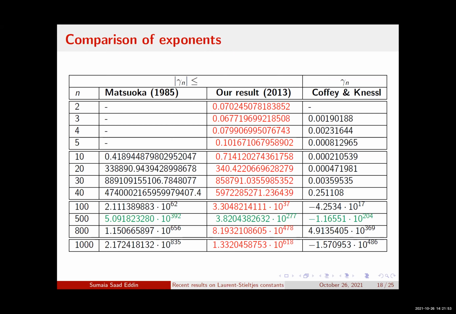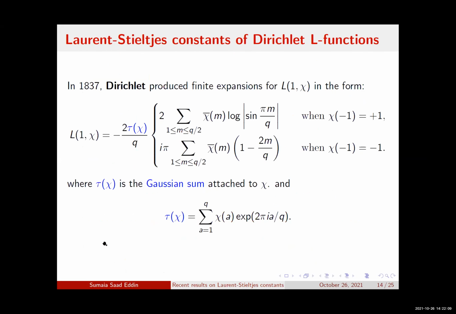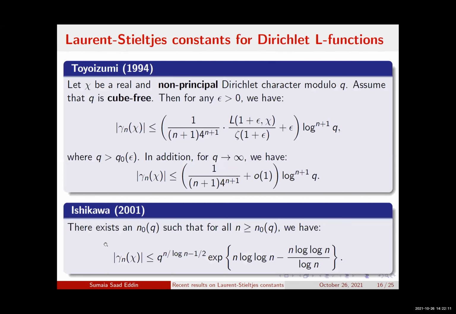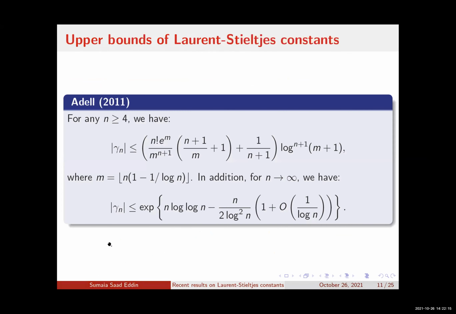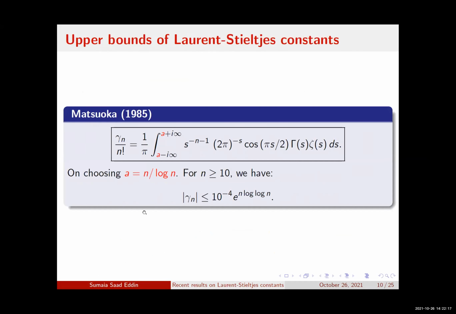At the beginning, I used, as Matsuoka and Ishikawa did in their paper, the asymptotic expansion of gamma n. As you see here, it is in the complex plane.